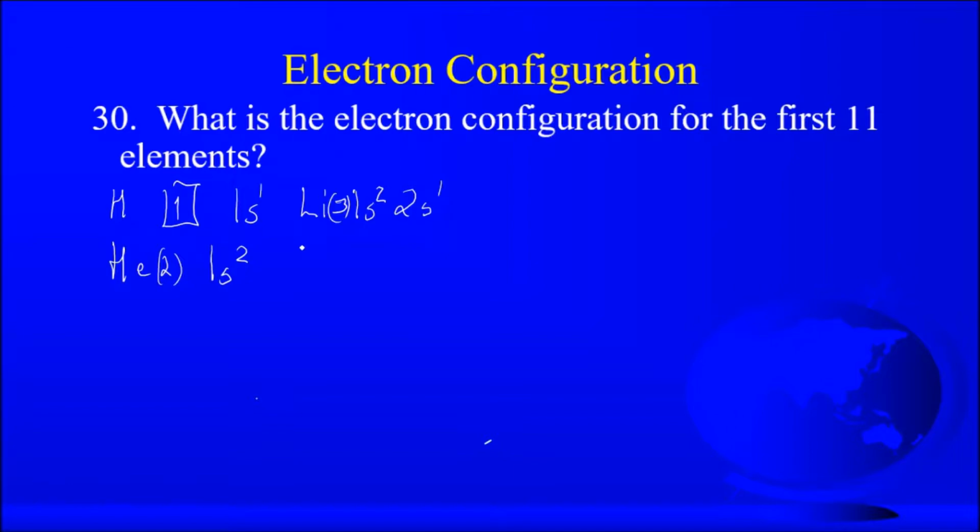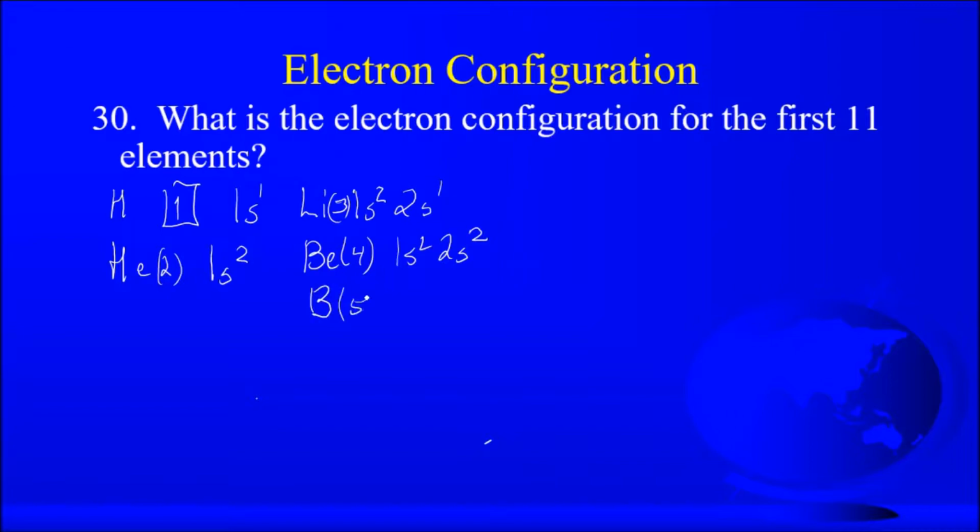Freddie, follow the pattern. Beryllium, 4. Now, keep in mind that does fill up the second S room. Canaan, continue the pattern.